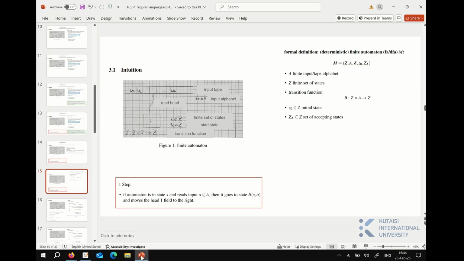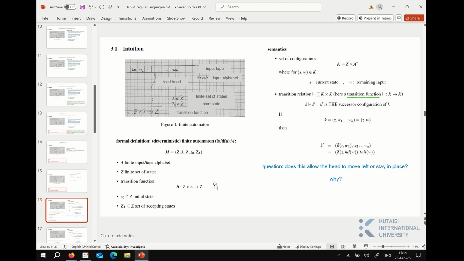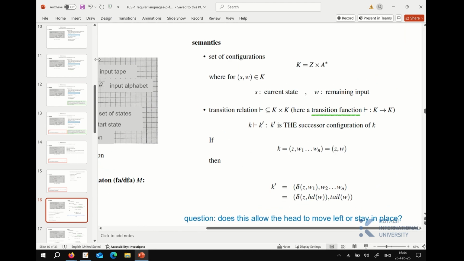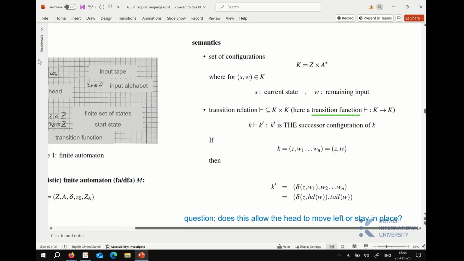let's look at the slides now and see. Let's enlarge this, make it smaller. We don't have to go full screen. So what is a configuration? What are all possible configurations? All possible configurations start with a state, right? So we had Z17 and some string. So they always start with a state, and then they have some strings in the alphabet.